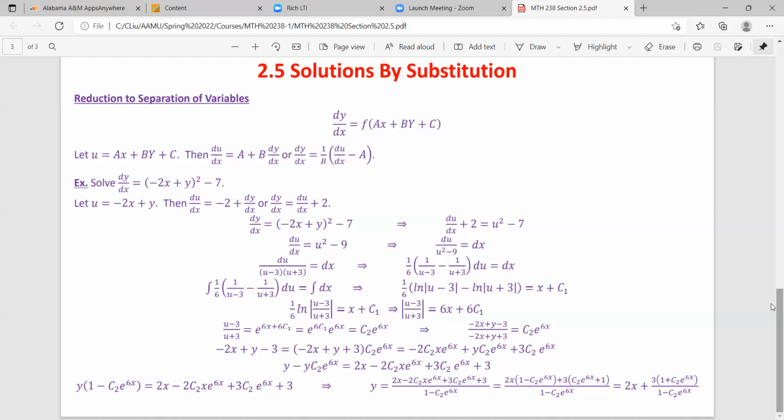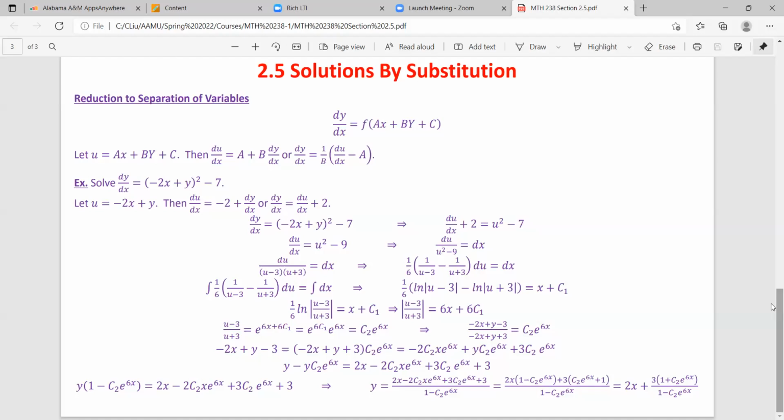So we can simplify this equation to get 1 over 6 times the natural log of absolute value of (u minus 3 over u plus 3). Remember, the difference of 2 logarithms with the same base becomes the logarithm of the quotient of the two things. So that's the left-hand side.